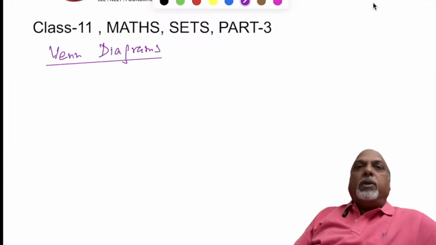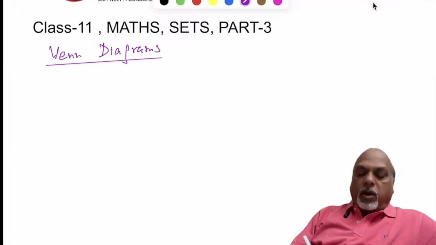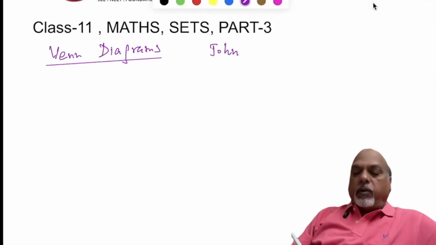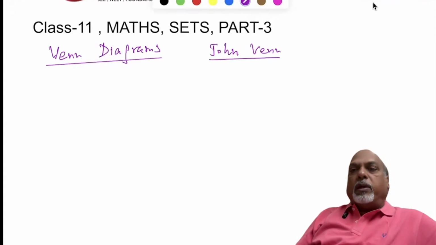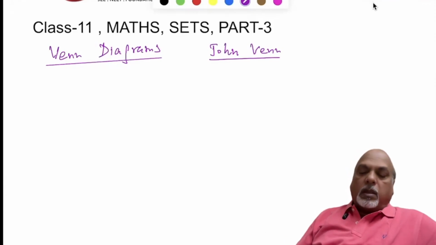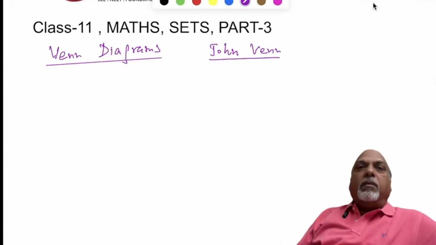These Venn diagrams are named after John Venn. He was an English logician, and based on that, the Venn diagram concept was developed.